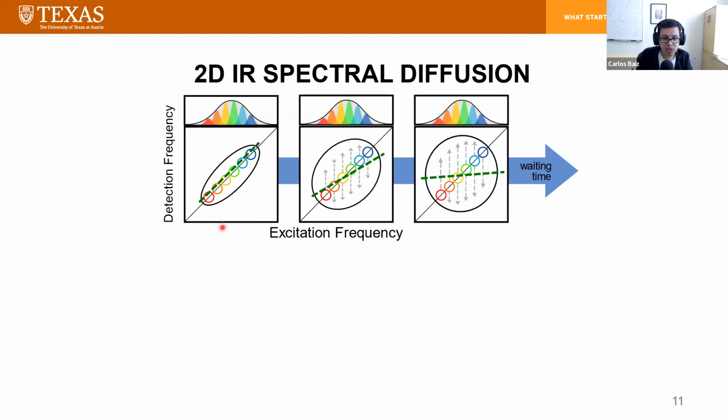We have an excitation frequency along the horizontal axis, and a detection frequency that we plot along the vertical axis. In addition, we can vary the time delay between the excitation pulses and the detection pulses, so we can see how different systems evolve in frequency space.